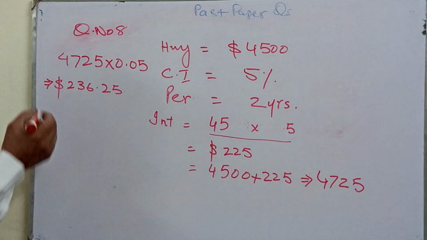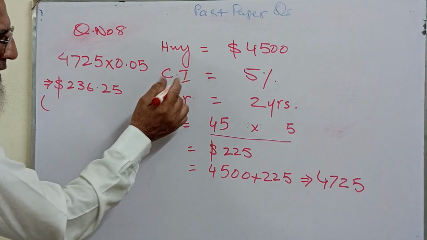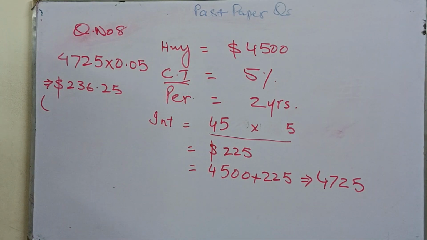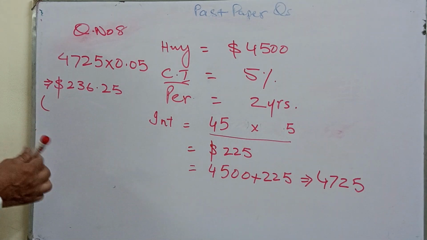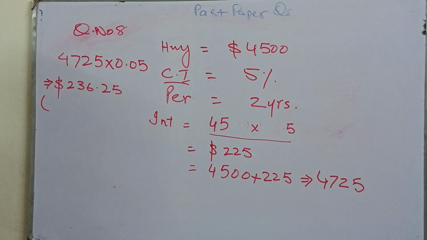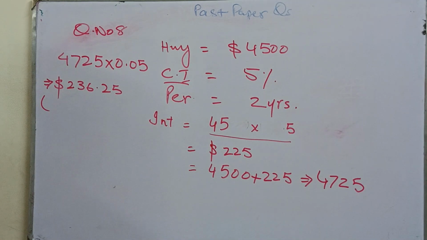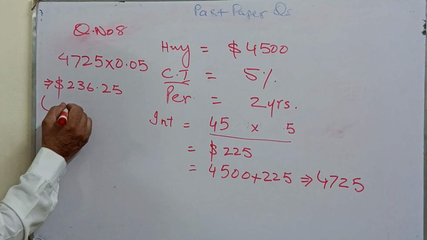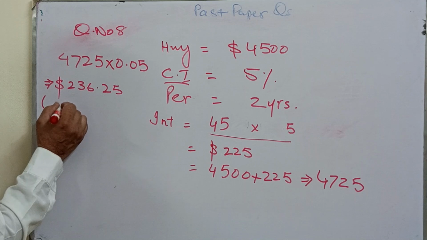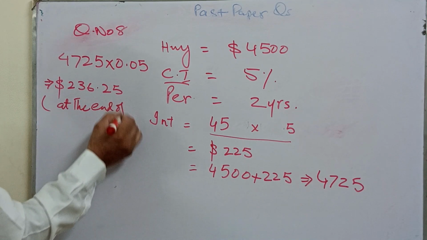This is the amount of interest which was compounded. Now here you see it has been compounded, and for the first year it was $225, and for the second year it has become $236.25, at the end of the second year.